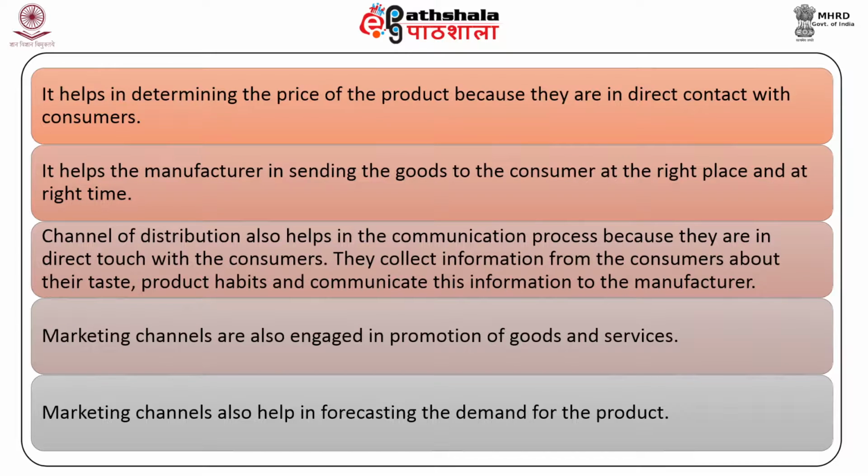Channels of distribution also help in the communication process because they are in direct touch with the consumers. They collect information from the consumers about their taste and product habits, and communicate this information to the manufacturer.